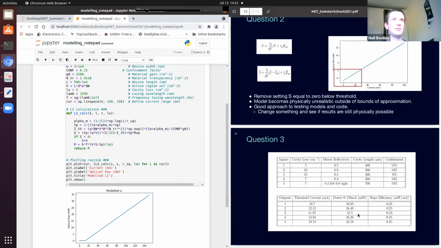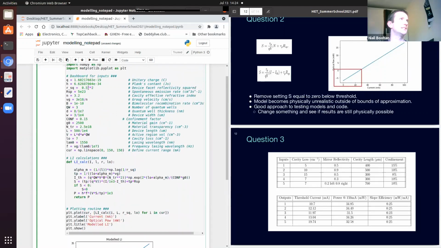You just change the parameters. So I'll take this number 4 here and put in 7. And we'll put in 0.3. And then we put in 300. And we will put in 10%. And reload that.